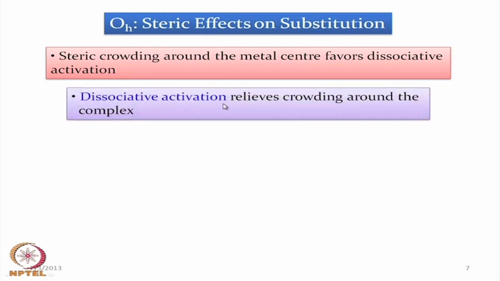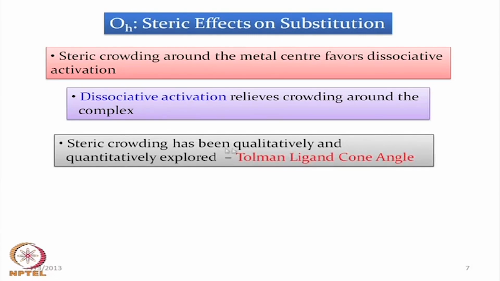If we consider that one ligand is going away, octahedral is giving square pyramidal geometry, then this dissociative activation relieves crowding around the complex. So, we do not have any crowding on the metal center. So, extra crowding is required if the pathway is associative.